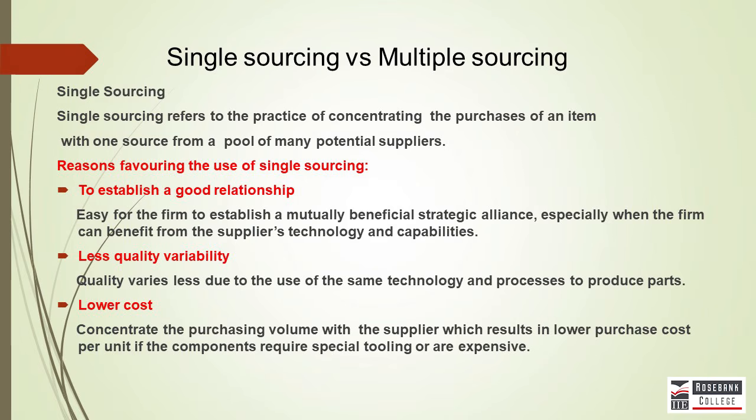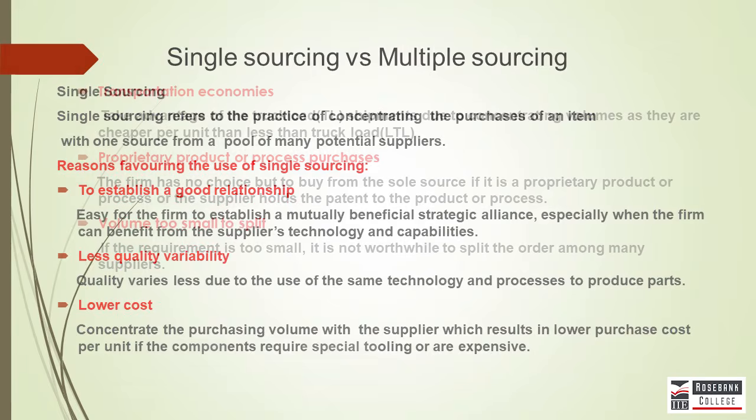Quality varies less due to the use of the same technology and processes to produce parts. There is also an issue of lower cost, where you concentrate the purchasing volume with the supplier, which results in lower purchase cost per unit if the components require special tooling or are expensive.